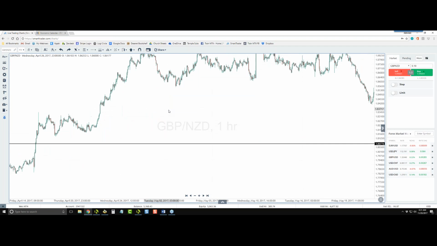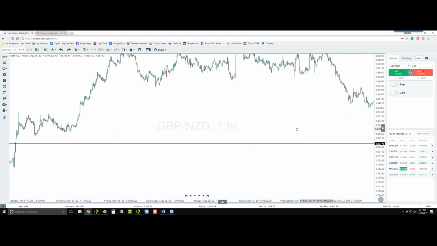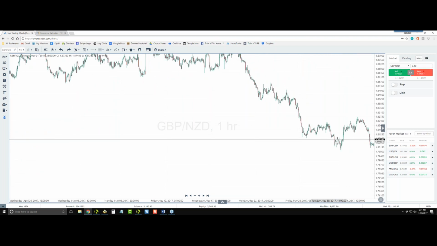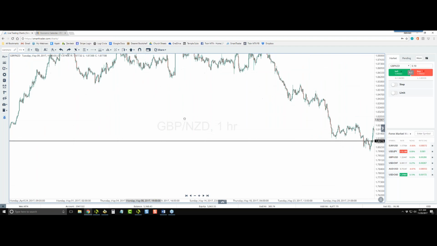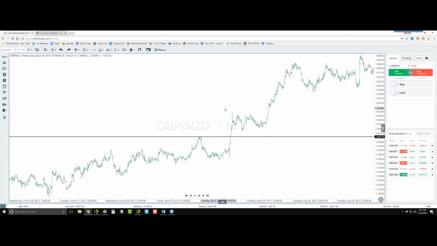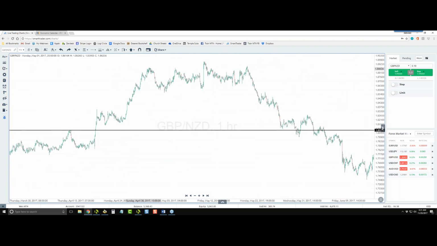Now that trade seems like it went really poorly because it would have been open from April 18th all the way until May 30th, so for like a month and a half. However, look at all of the opportunities for sell trades that we had going up.